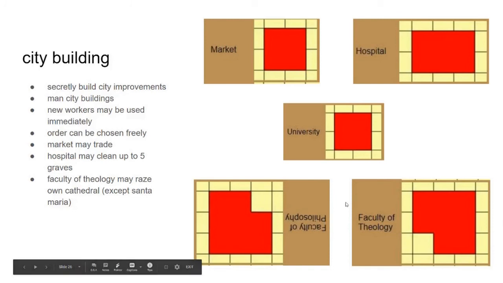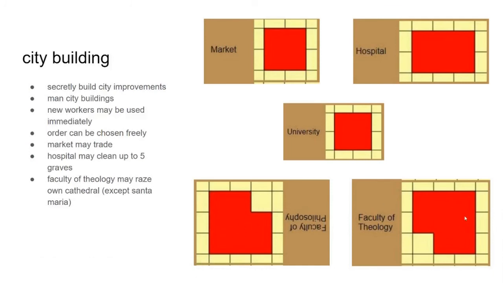I could man each of them, so two workers to be able to run the two faculties, or if they are adjacent to the university, I can man the university, and any faculty that's adjacent to the university would be activated. It only costs one worker in that case.